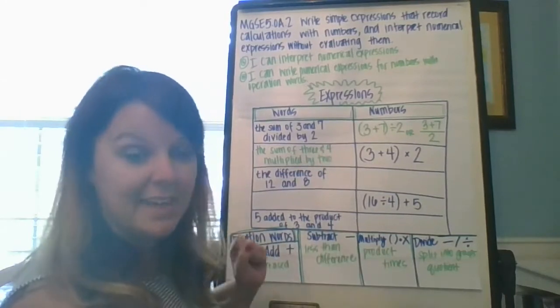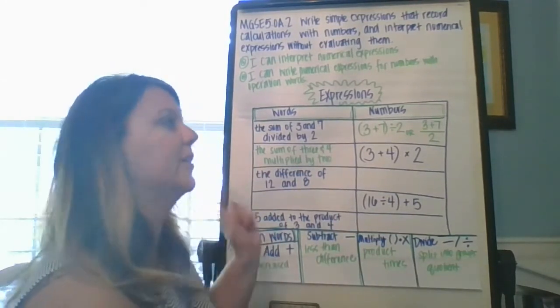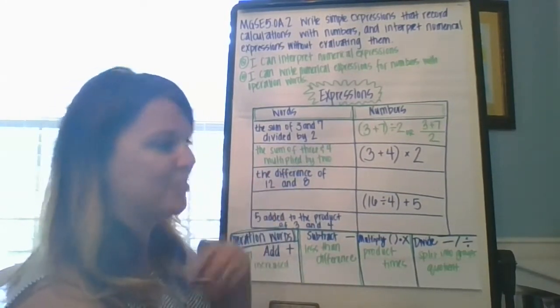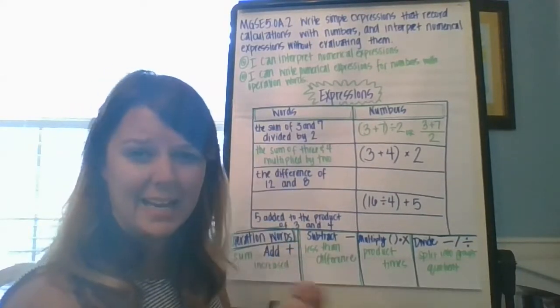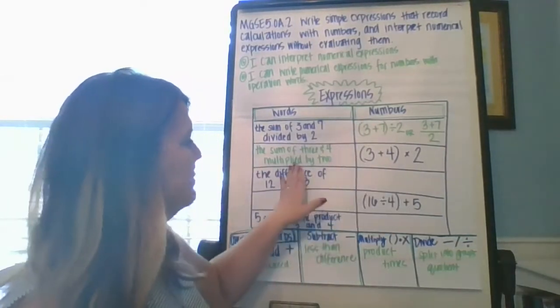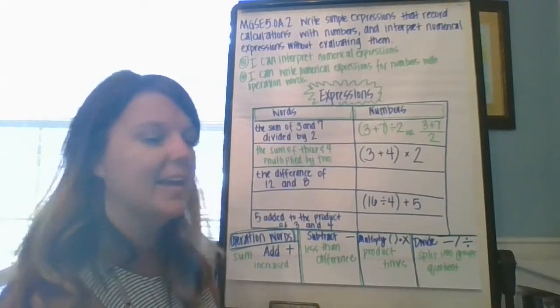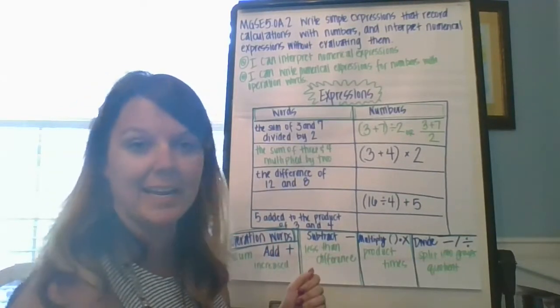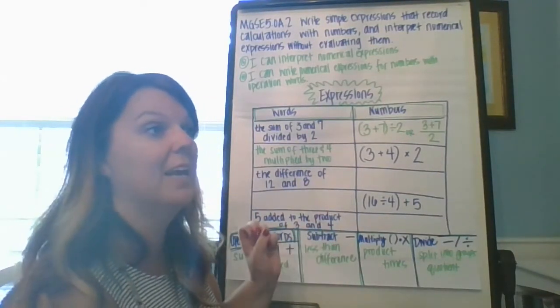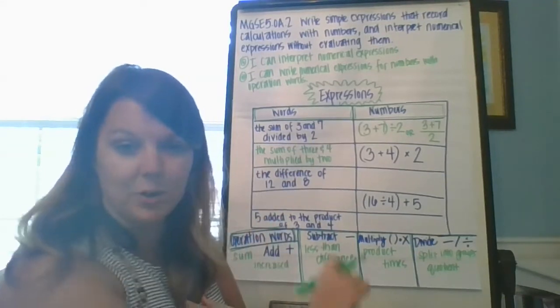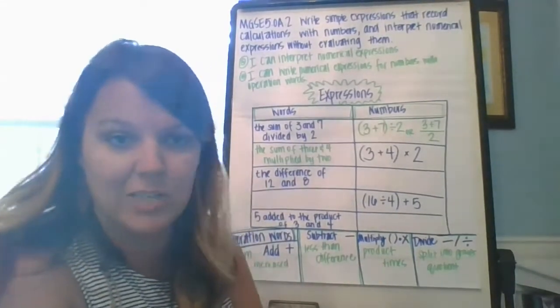I could also say the product of the sum of 3 and 4 and 2, but that gets a little more complicated. With a problem like this, it's probably simpler to write it this way. And I would make sure that I get into the habit of writing it how I know, like if I'm going to grade it, write it how you know I'm going to understand what you mean.